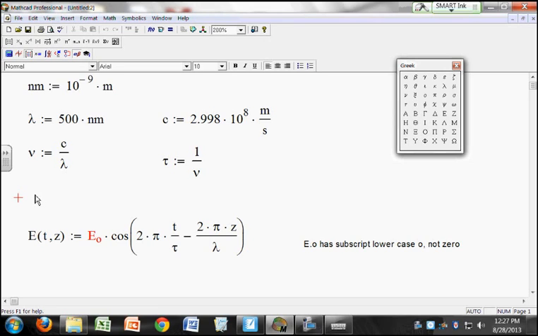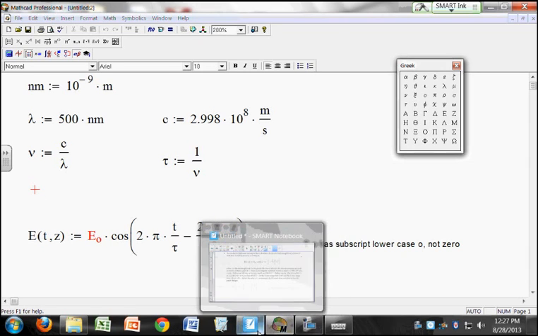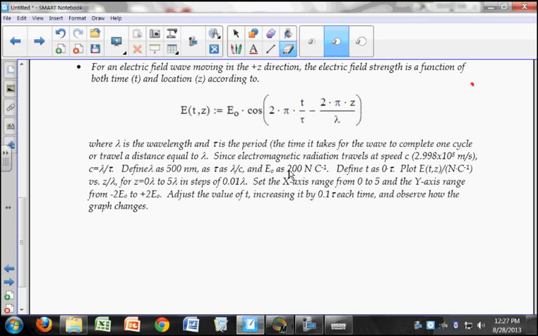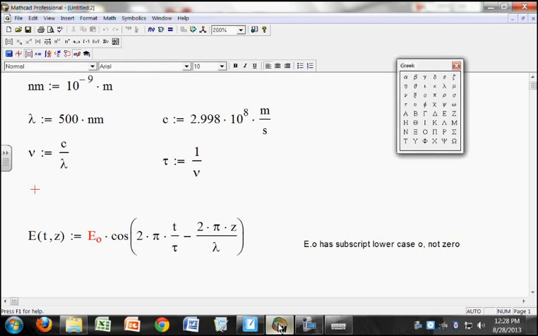So what's E naught? E naught is amplitude of the oscillation. And you're supposed to use value of 200 newtons per coulomb. So we're going to define 200 newtons per coulomb as our E naught.